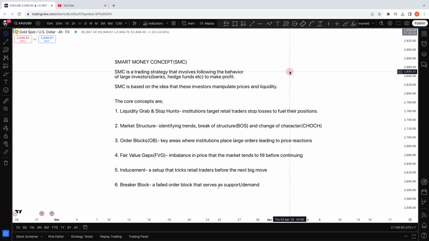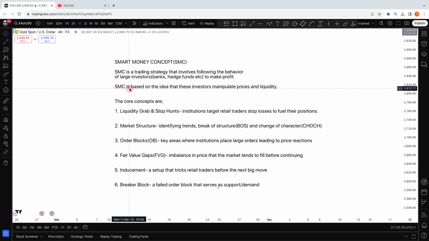We simply try to analyze the way these big banks enter the market and how they exit the market. Then we pick trades from their entry point and exit the trade from their exit point as well, so we can ride on their strength. Because they are the market makers, the market movers. They come into the market with lots of liquidity to move the market.